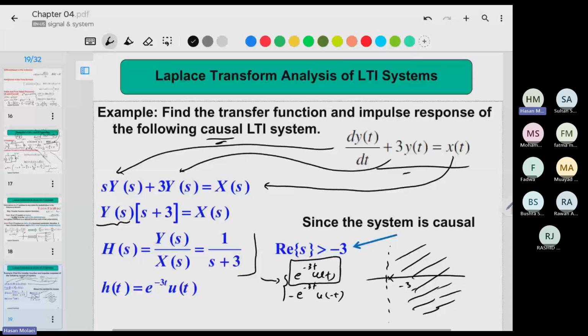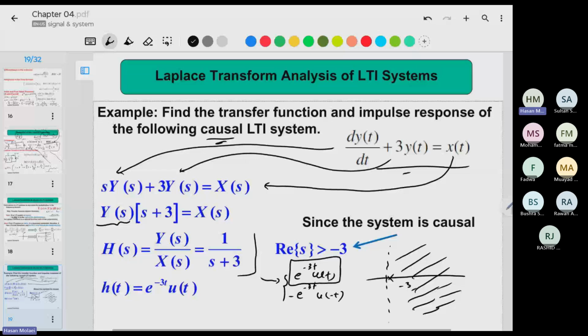How about the feedback system? If we have a feedback, we will talk a lot about feedback in the next chapter, but just for practice, how do you find the Laplace transform of the transfer function of this system?